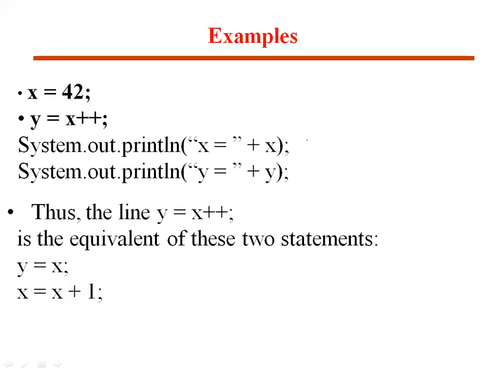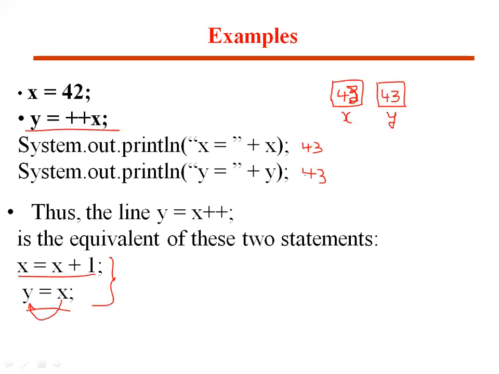X value will be 43. And the same for y, also 43. Then what is the difference between this and this?